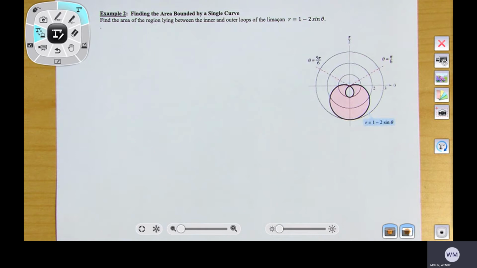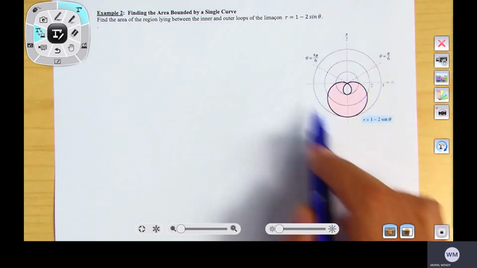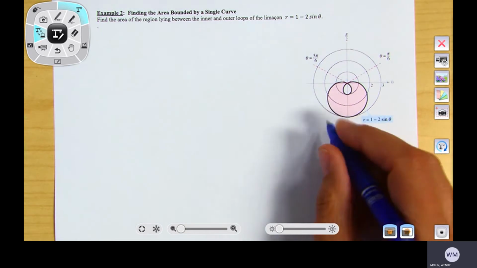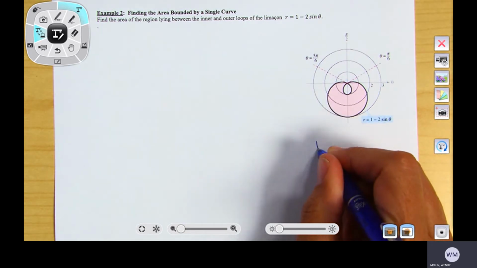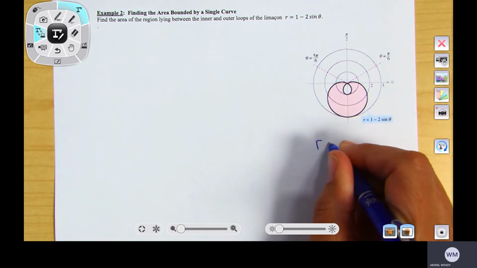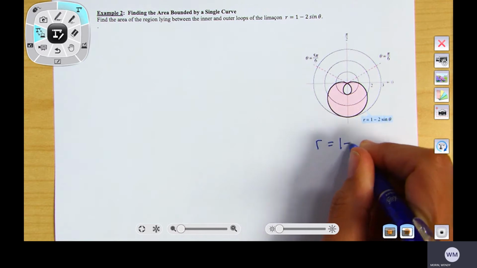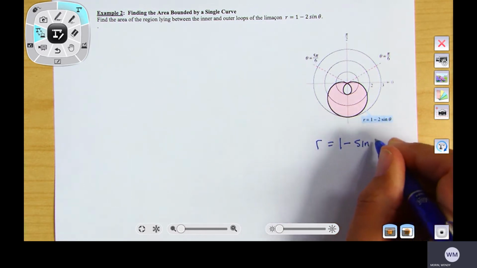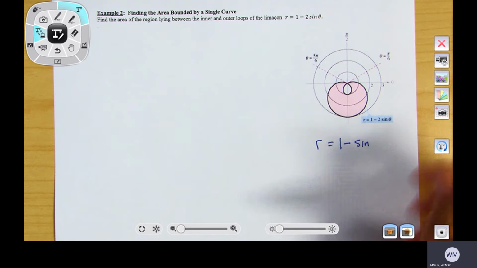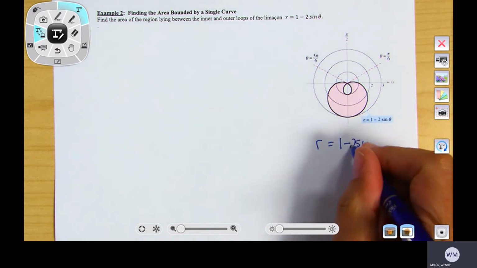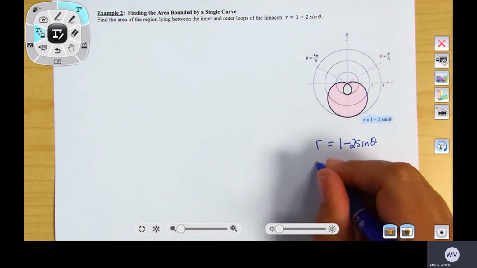First of all, it's always nice to know where we start. Where does this graph start? Well, again, let's go back to just like before. Let's plug in 0 for our theta. So we have 1 minus 2 sine of theta.